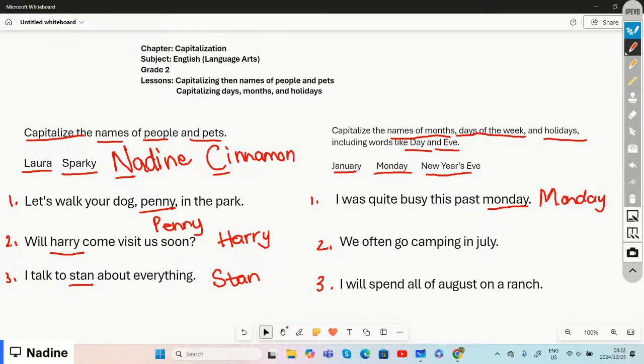Number two says, we often go camping in July.